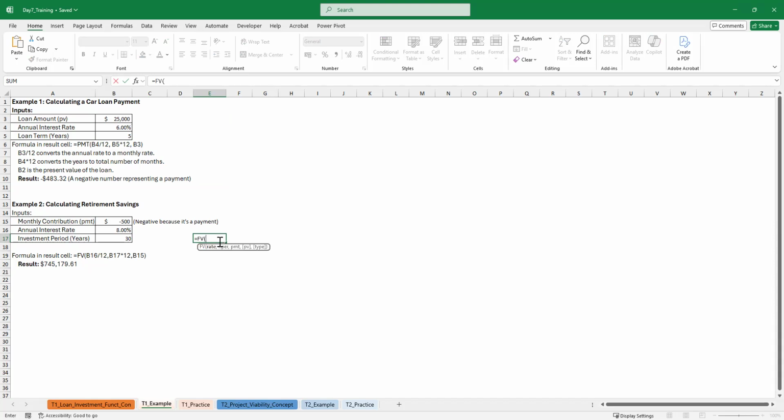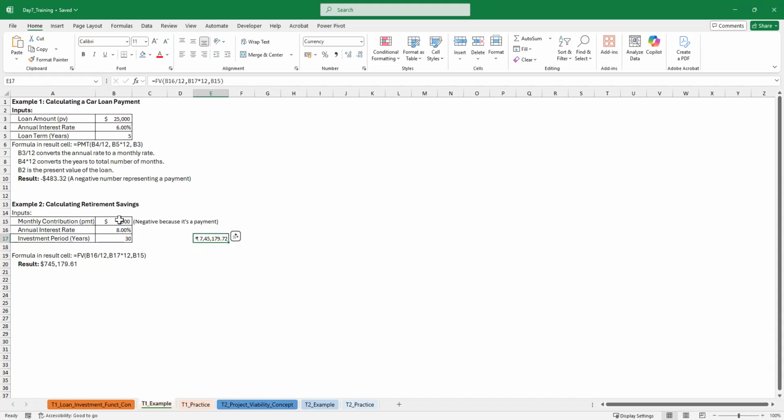The rate of interest is 8%, so again we will divide it by 12. Next is the investment period. We are again making monthly investments, so we will multiply this by 12, and we have the monthly contribution, which is minus $500.